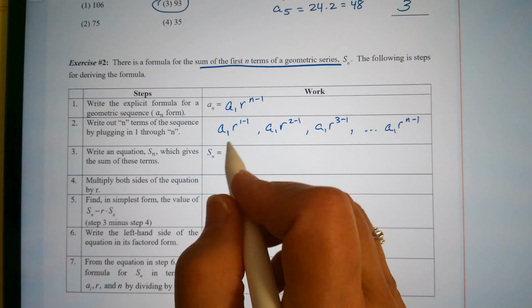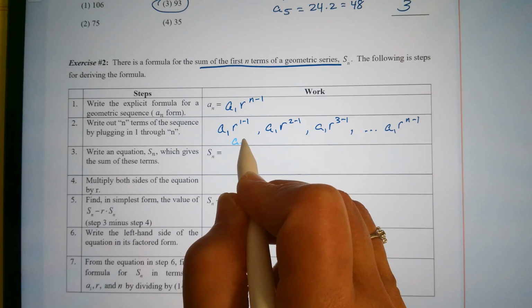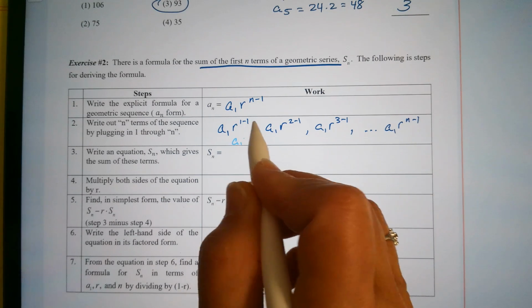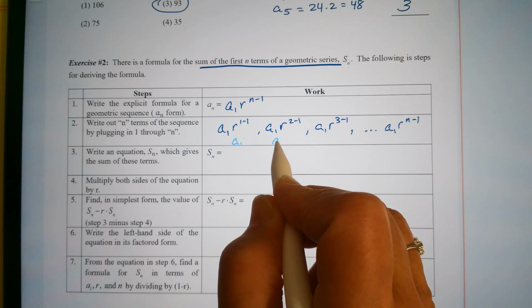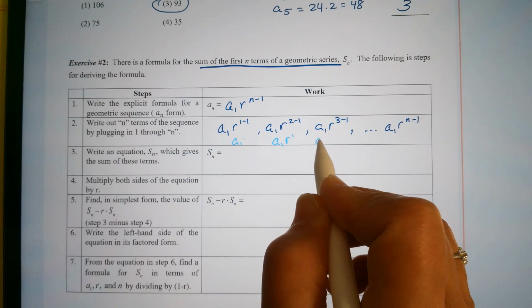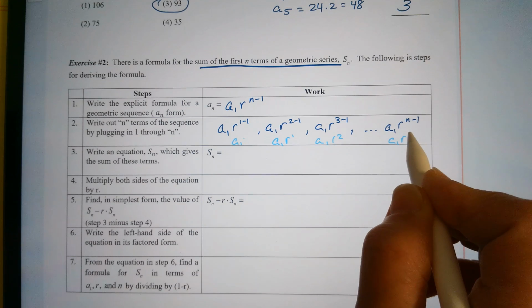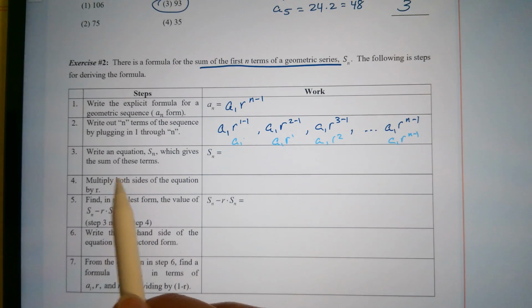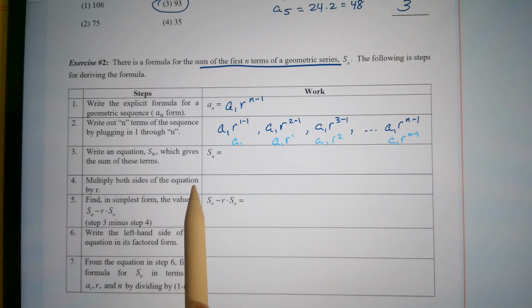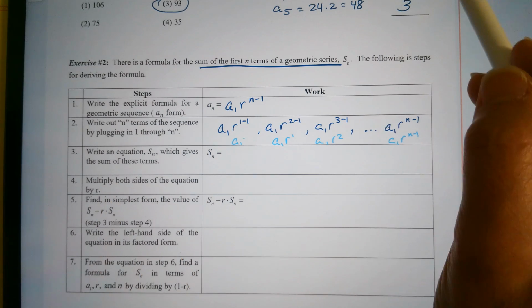So this would be a sub 1 r to the 0, a sub 1 r to the first, a sub 1 r to the second, a sub 1 r to the n minus 1.